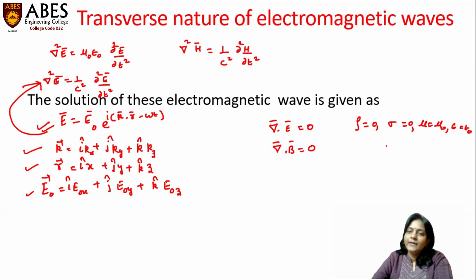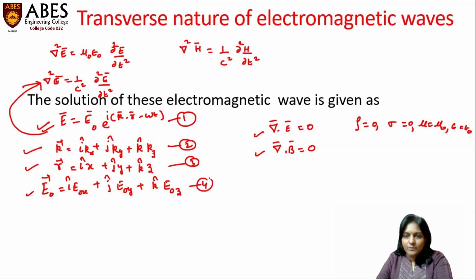With the help of these two Maxwell equations, we will prove that electromagnetic waves have a transverse nature. This is equation number 1, 2, 3, 4, and these are equations number 5 and 6.